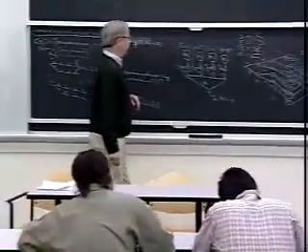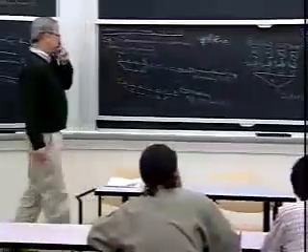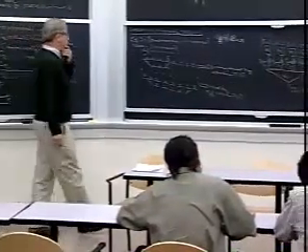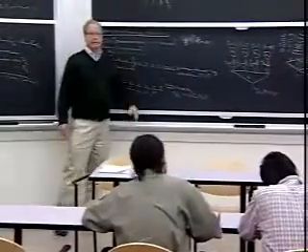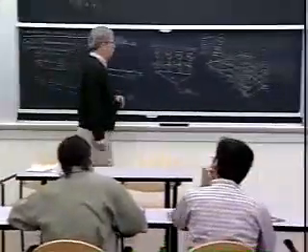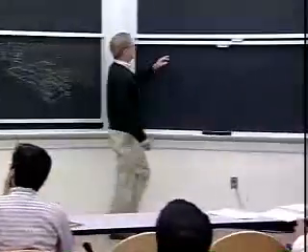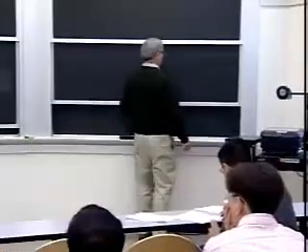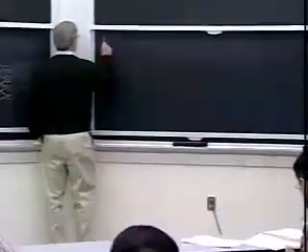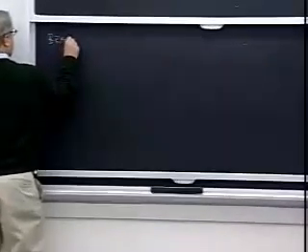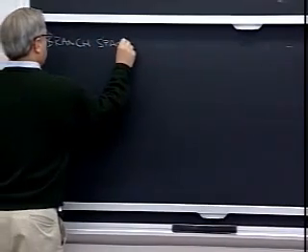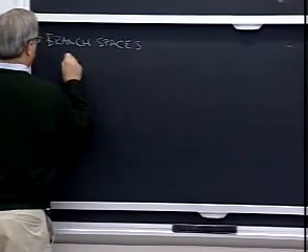There's one other thing that you can read from the trellis, which is the size of branch spaces. And since, as usual, I'm running a little late, let me just state without proof that there's a similar theorem for branch spaces.